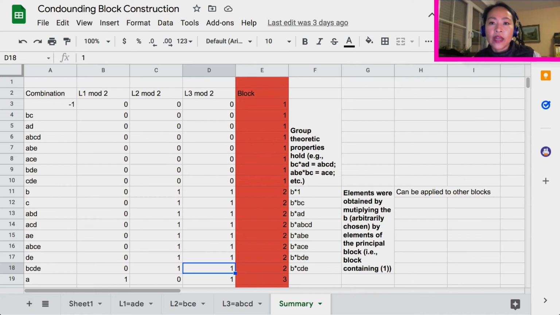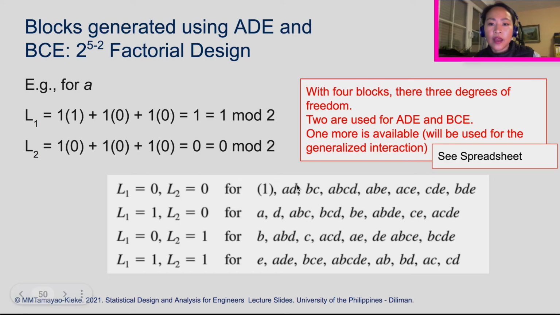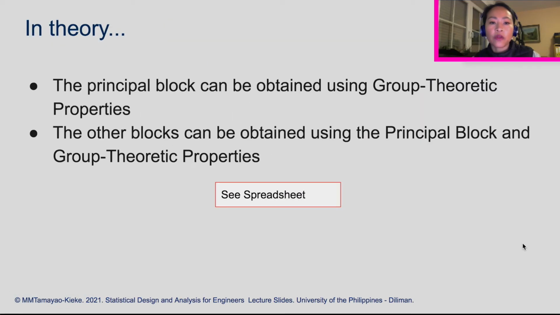Now alternatively, we can actually use the group theoretic properties of the principal block. We can generate the principal block, and that block is the one that contains the treatment combination 1. Then we can generate the other components of that block by multiplying any 2 elements from that block.